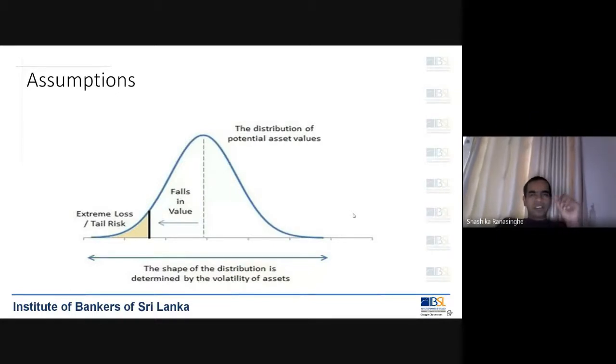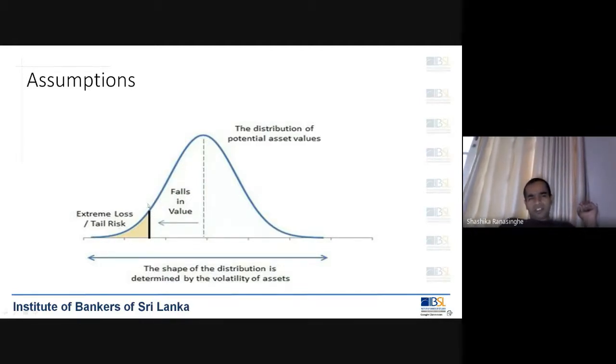Now, if you go through this curve once again, you will see that you take the center line, below that is 50% of the probabilities. 50% of all outcomes are towards left and 50% of all outcomes are towards the right. And the losses on the left side. Now, if this black line indicates the 5% level of loss, right?